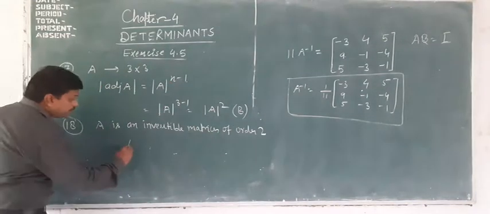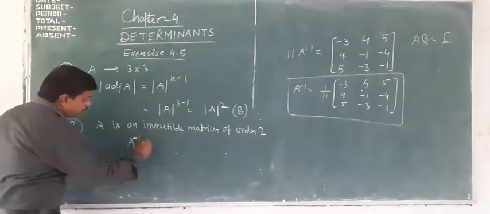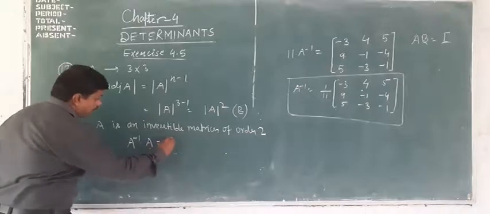So A invertible means A inverse into A equals I.